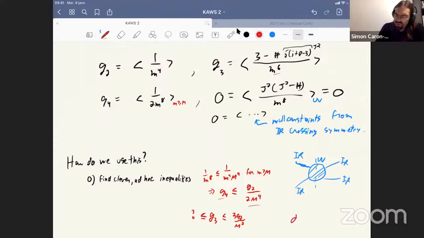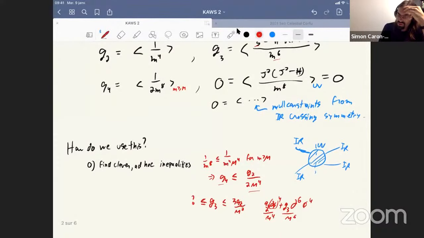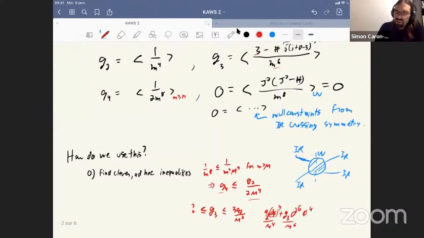G3 is a six derivative term. Remember that the Lagrangian has G2 times the phi 4 term plus G3. You'd expect this term to be suppressed by more powers of the cutoff, so you'd expect G3 to be bounded both ways by some order 1 multiple of G2 over M squared.